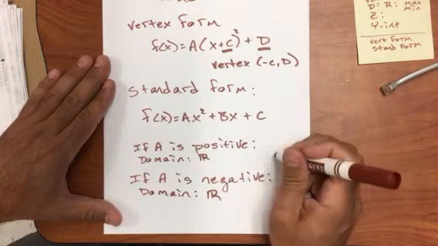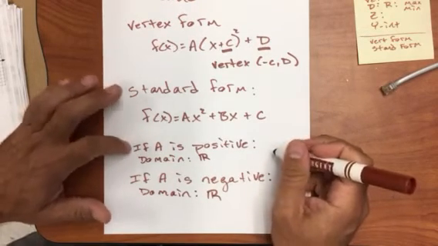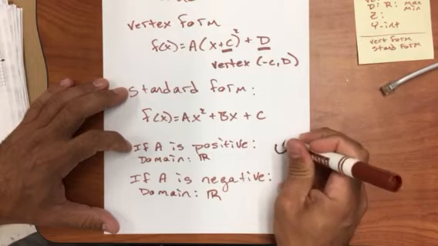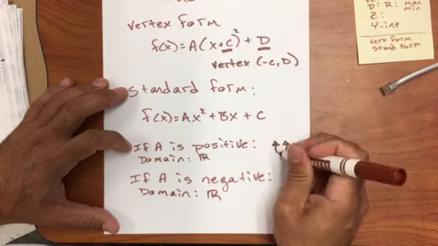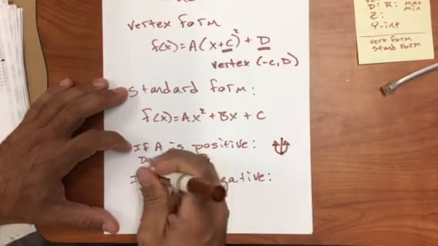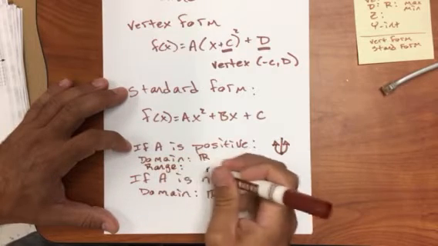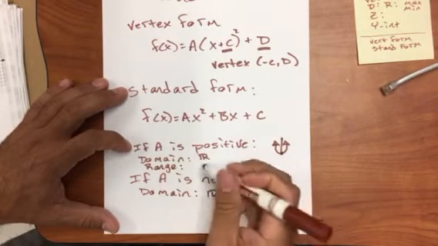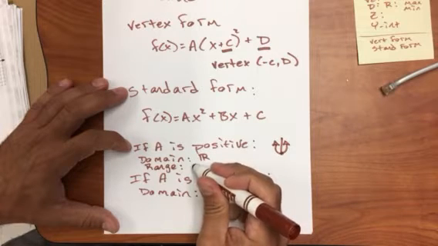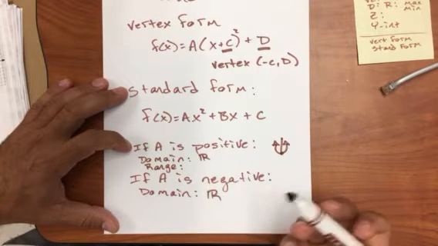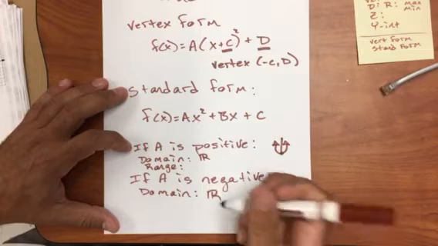So your range on a quadratic where a is positive is going to go from the vertex up. I wrote vertex before and people kept putting that as their answer, so I'm not going to put it on this one.